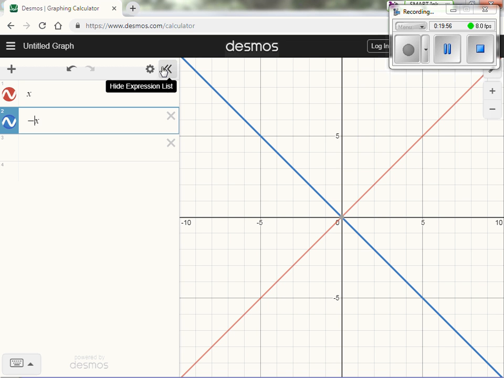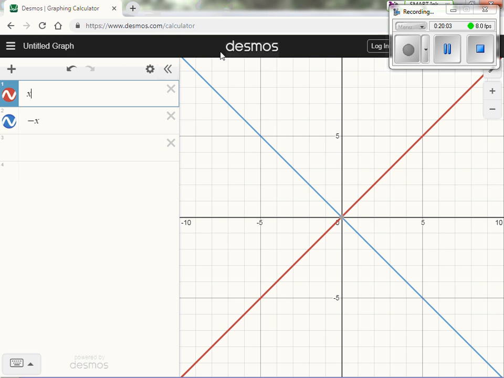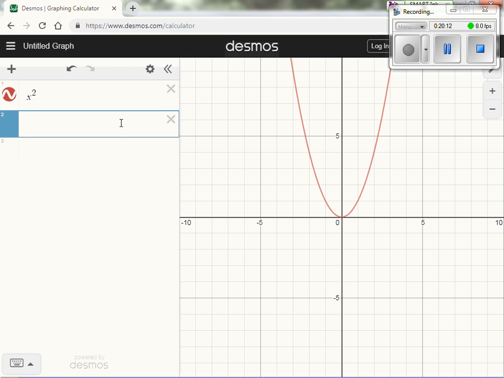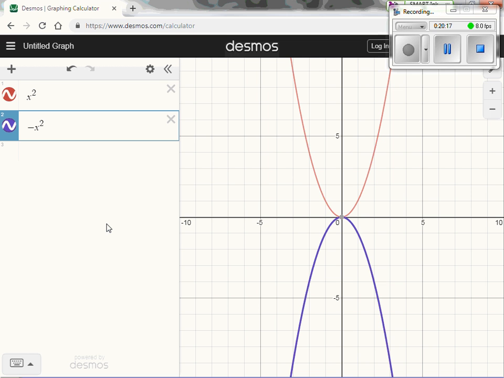Now, it doesn't do too much for a linear function, but if we look at a quadratic, so we're talking about x squared, if I say negative x squared, we can now see that it's mirrored below, yes? So this is our parent function, x squared. The reflection across the x-axis is now below it.